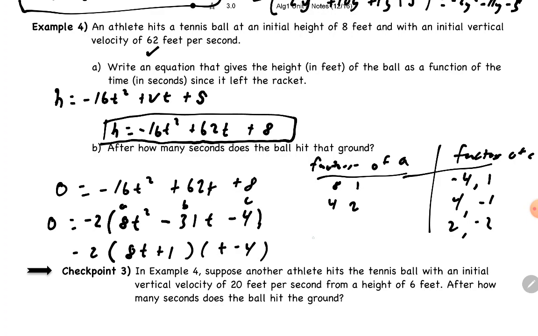So if we look at both of these, we'll get either 8t plus 1 is equal to 0, or t minus 4 is equal to 0. So if I look at t minus 4 equals 0, then t equals 4 seconds.